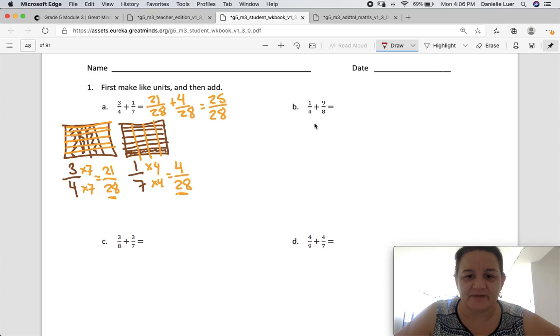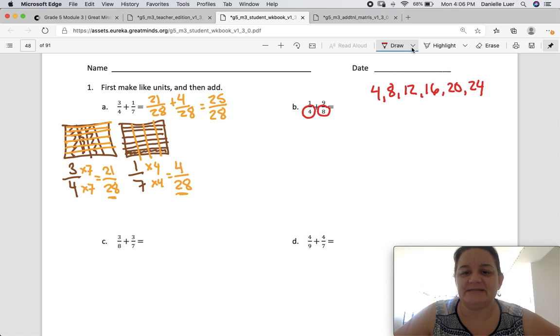So 1/4 plus 9/8. I need to find a common denominator here, and I want the lowest common denominator. I see 4 and 8. First we're going to practice some skip counting. 4, 8, 12, 16, 20, 24, great.